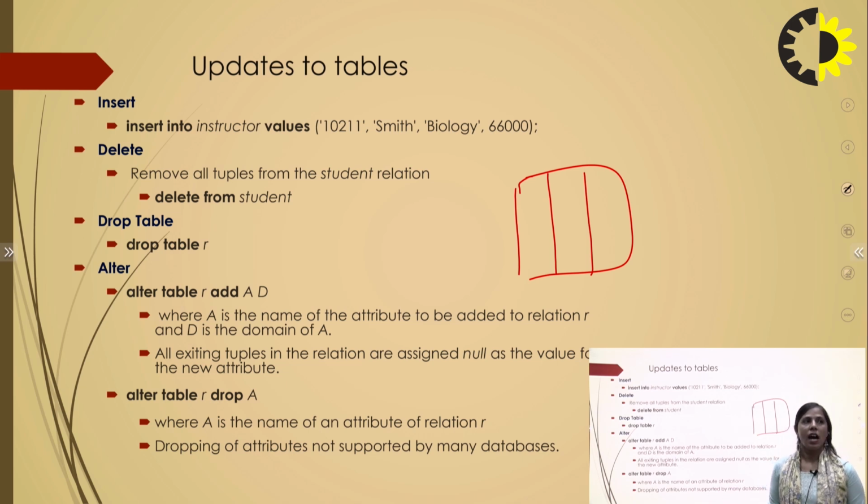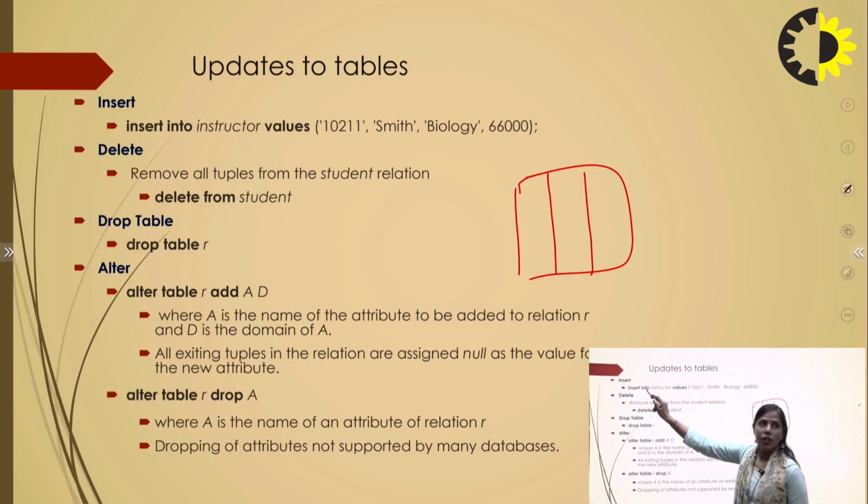First, let's discuss how we can insert the values into this table. There is a simple command, that is insert. What do we have to write? Insert into the table name, then we define the values, whatever values we have to give.